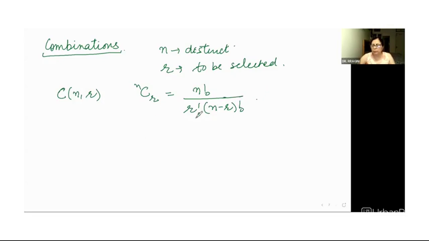Now you know how to solve factorials. Let me do one question for the solving of this nCr. Then we will do practical questions. Okay.